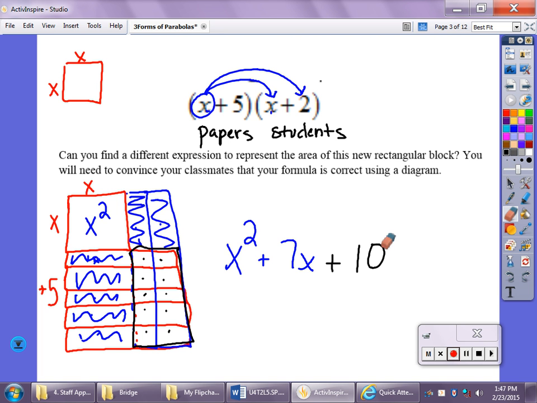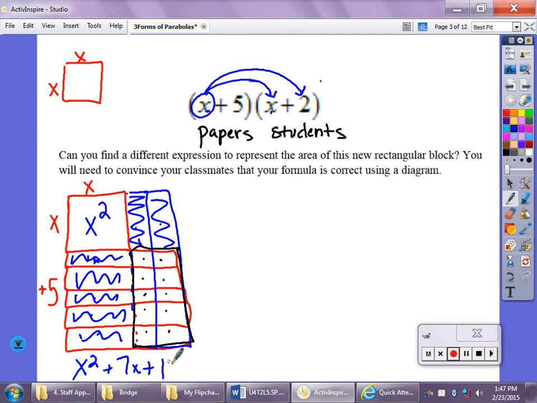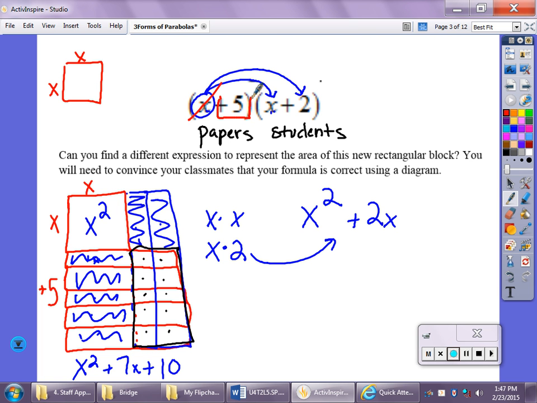Let me erase so you can see. Let me go ahead and put this over here. This picture was x squared plus 7x plus 10. Okay, so when I did x times x, that gave me the x squared. And then I'm going to do x times 2 to share it with student 2, and that gives me 2x. Then I'm going to come back. I gave you a packet today, so I'm going to call that 5.